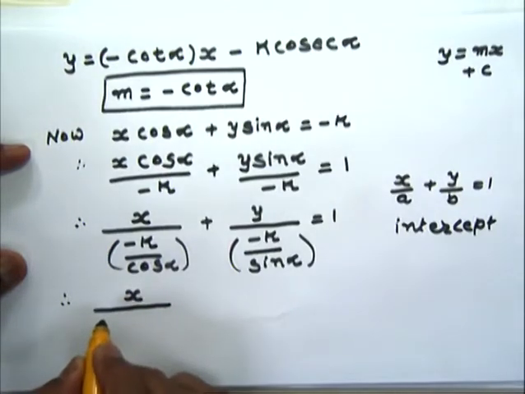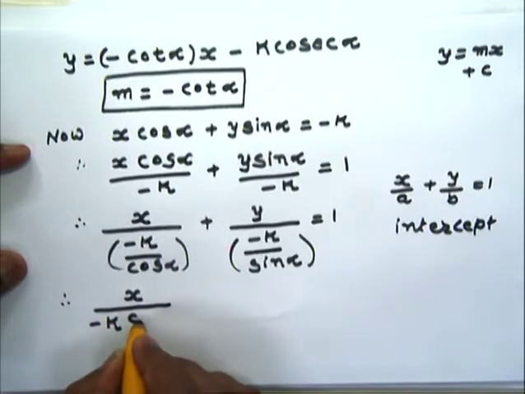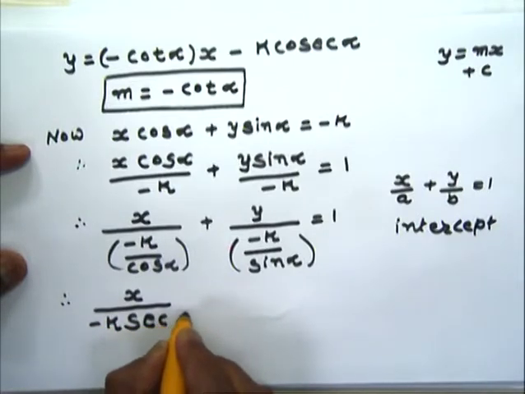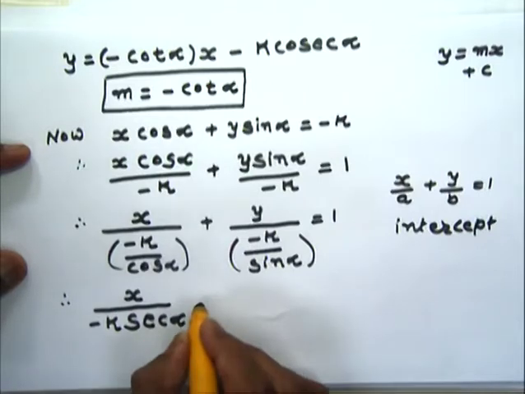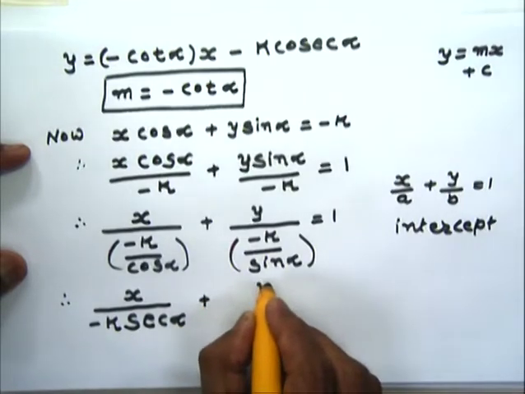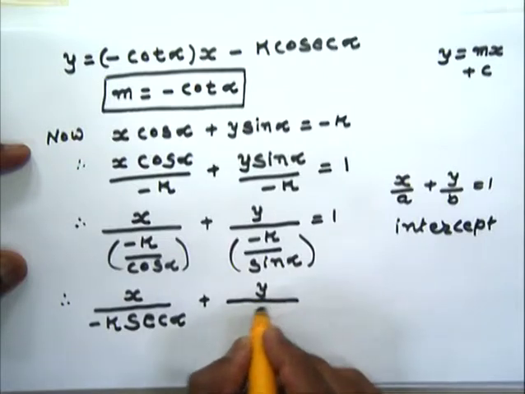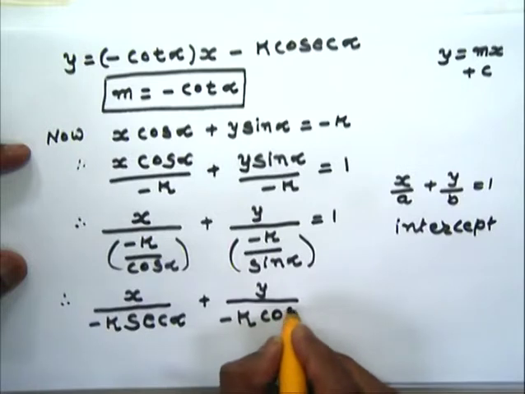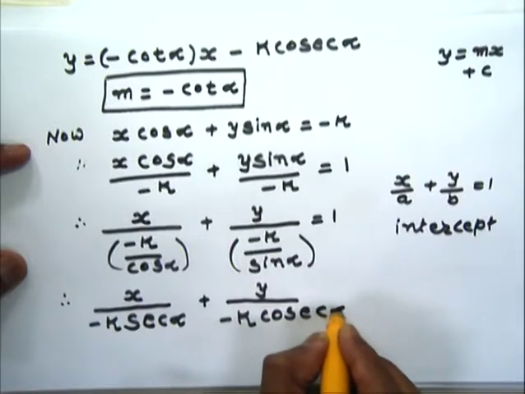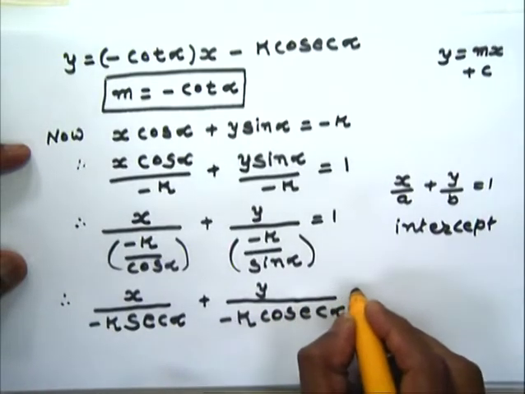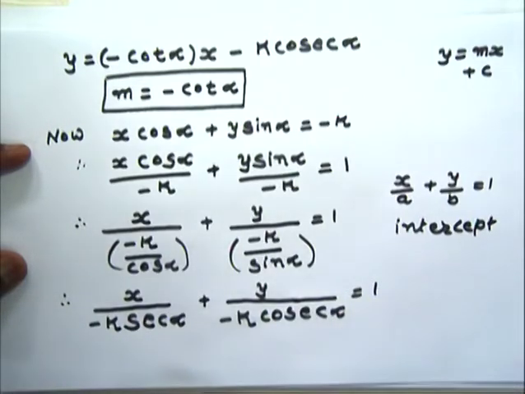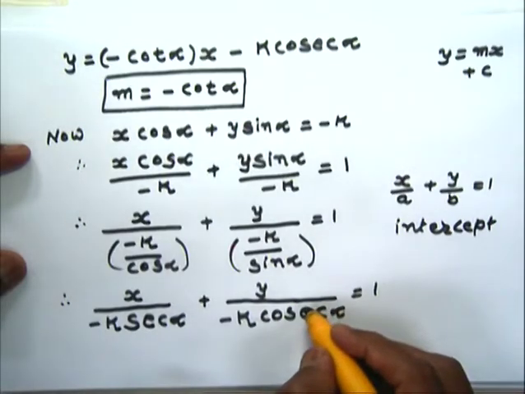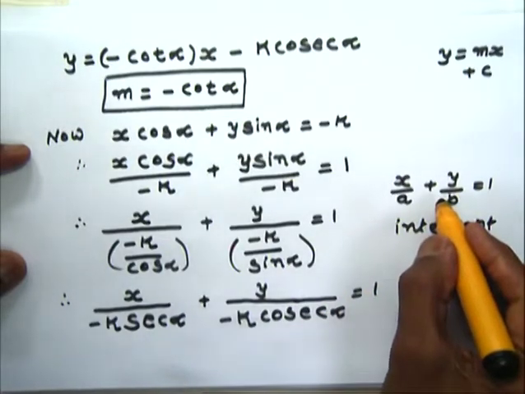x divided by minus k sec alpha plus y divided by minus k cosec alpha, as 1 upon sine is cosec, which is equal to 1. Now compare this equation with the standard equation.